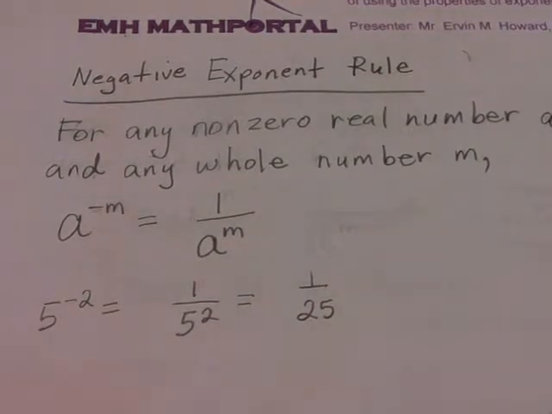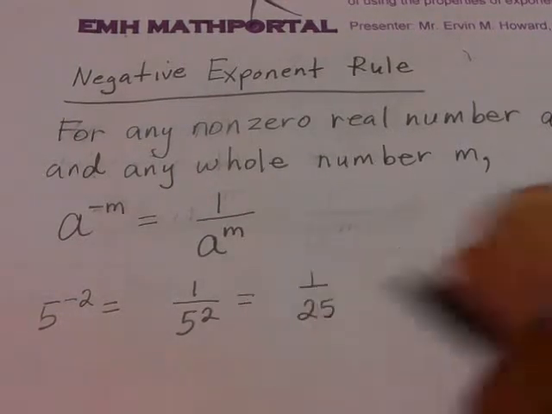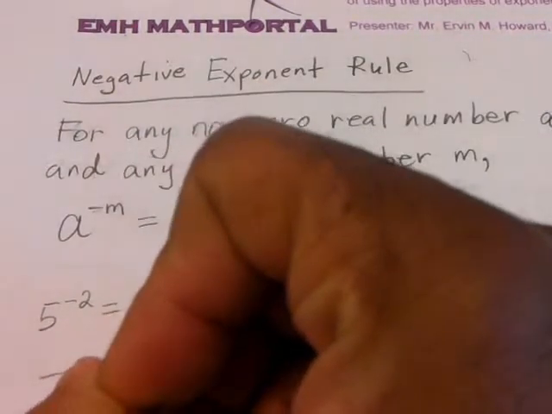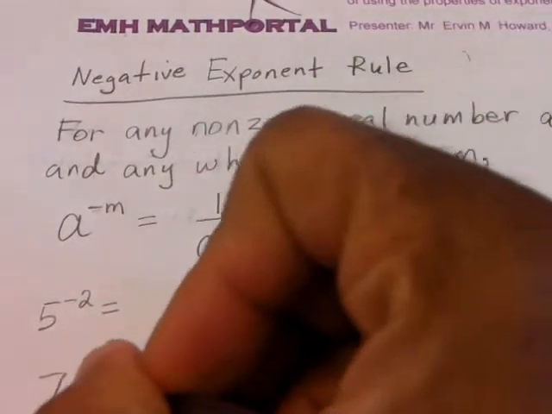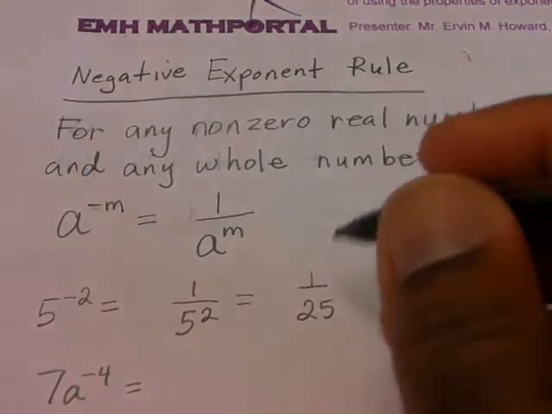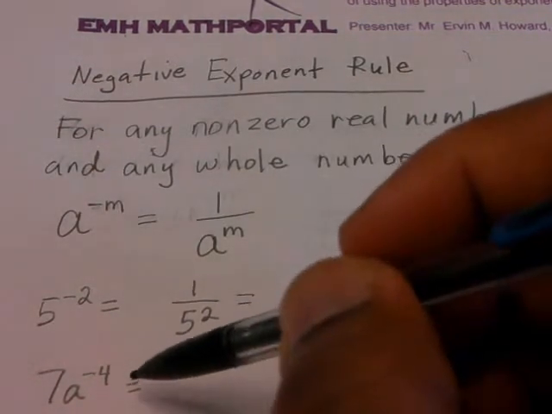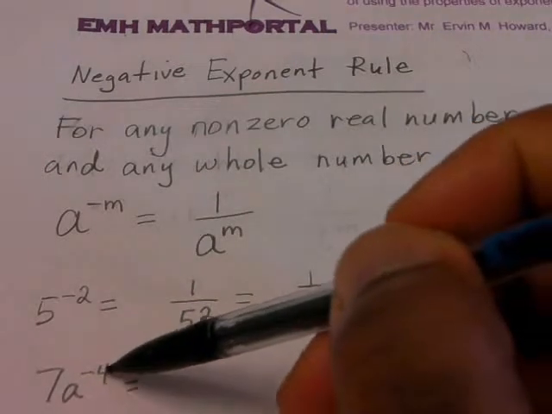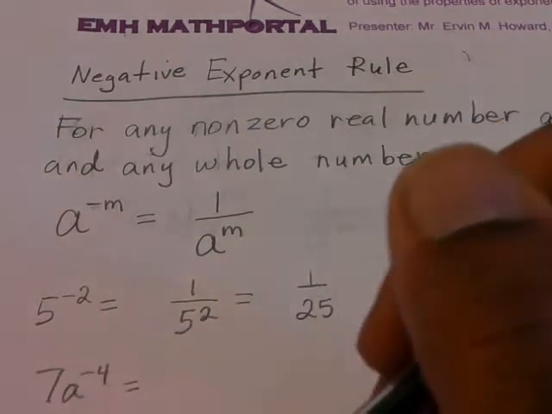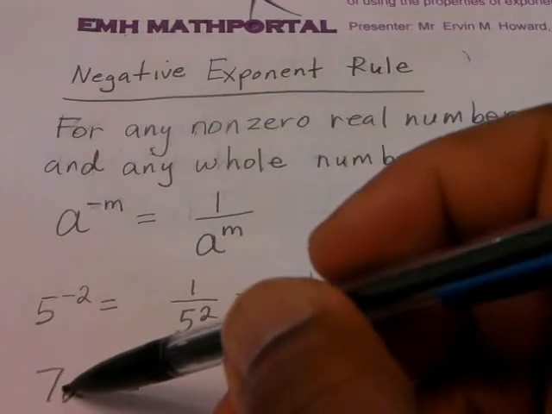Let's try another one, something different with a combination of coefficient and variables. You have 7a raised to the power of negative 4. In my years of teaching math, students tend to assume that you raise the 7 to the negative 4, but in this case it's not, because these are two separate entities.